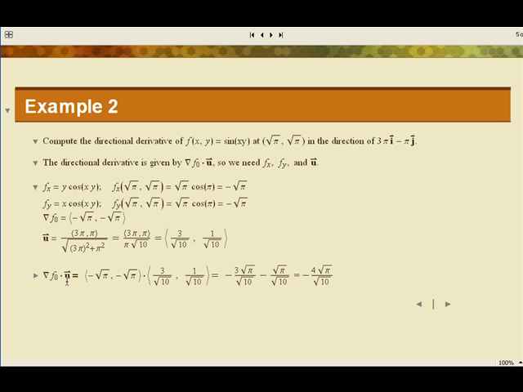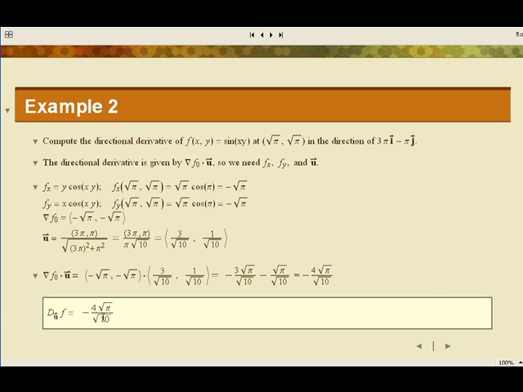So that's negative 4 root pi over root 10. If you want, you could leave it like that. That'd be fine. If you want to combine this into some sort of single root, that's okay. But anything along this line is going to be fine. Alright, so there's our directional derivative. This tells us we have a negative slope, so we're going to be decreasing in the direction of this 3 pi i minus pi j.